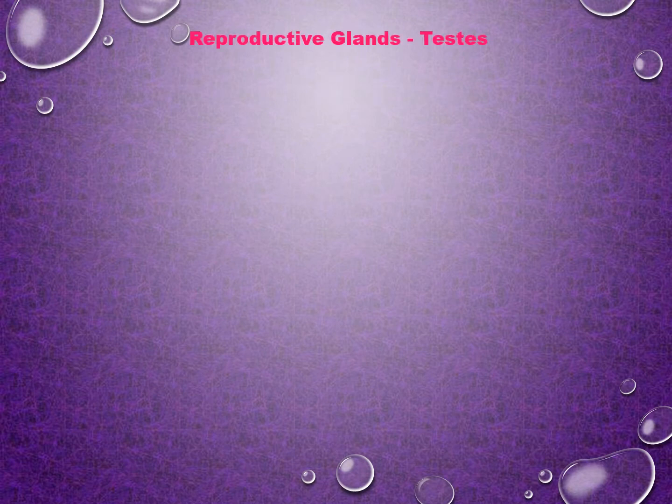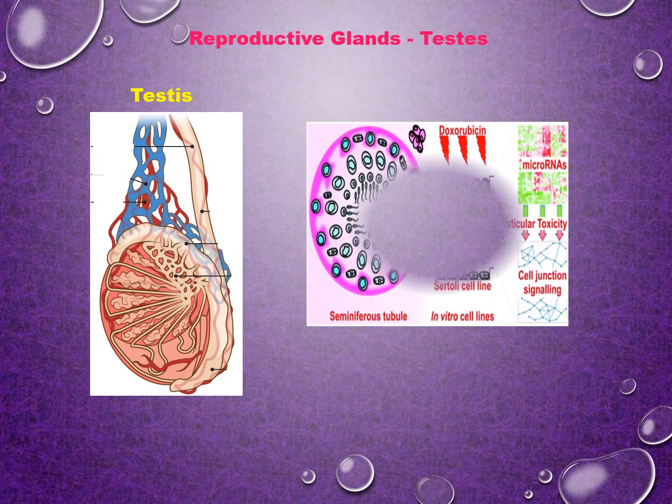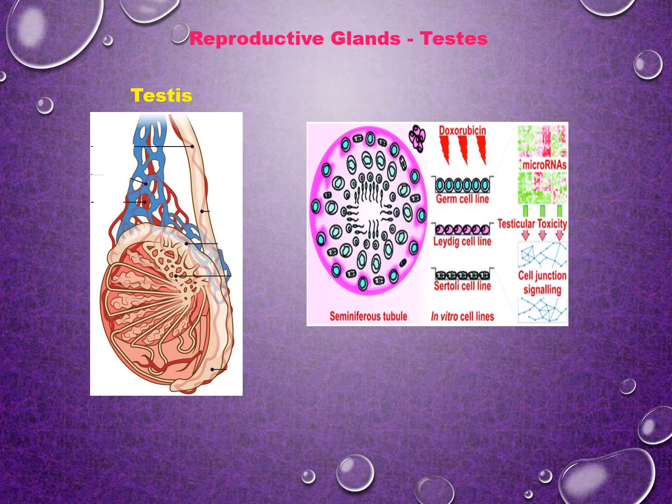First one, reproductive glands. Reproductive glands are testes and ovaries. Testes are the male reproductive organ. This is the testes. Testes are composed of seminiferous tubules.